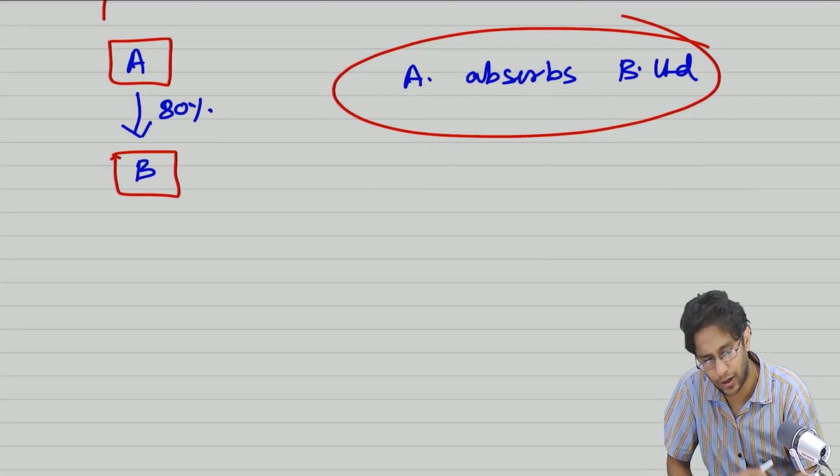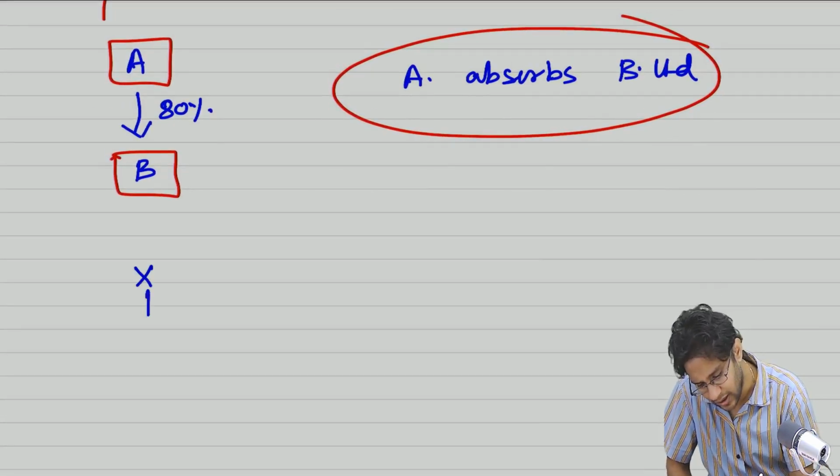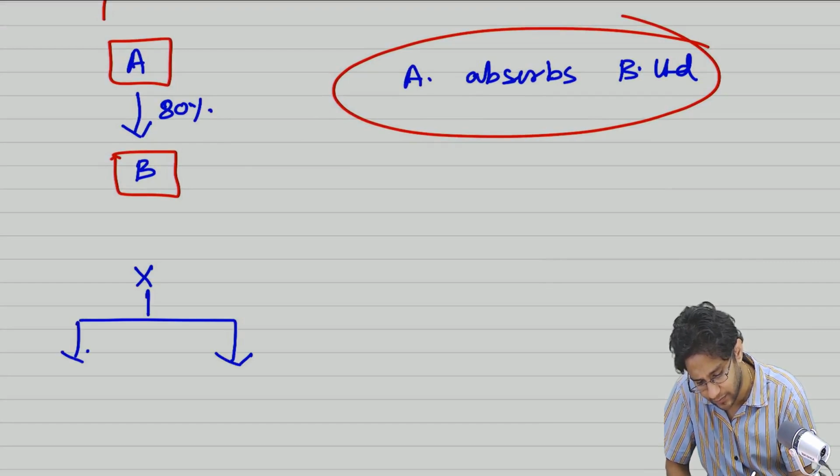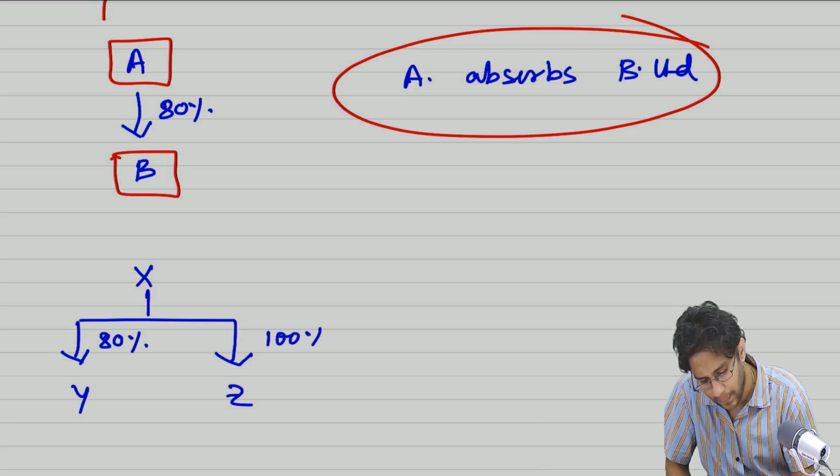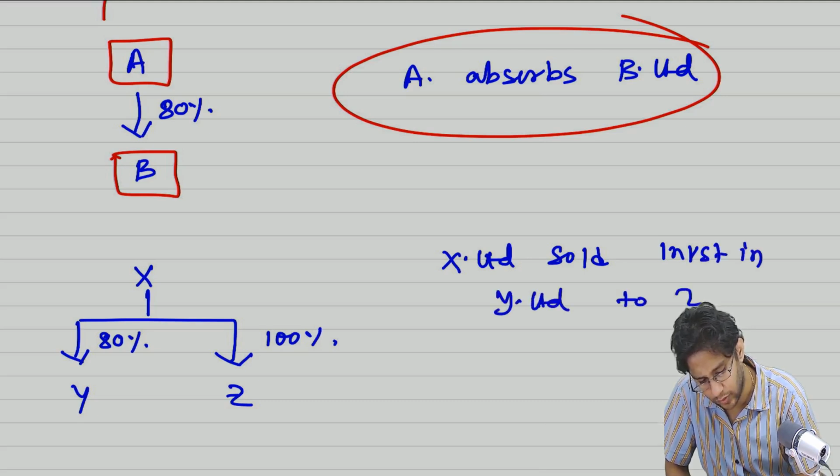In this, many other models are also there. X is having two subsidiaries, Y and Z. Now I will tell you that X Limited sold its investment in Y Limited to Z Limited.